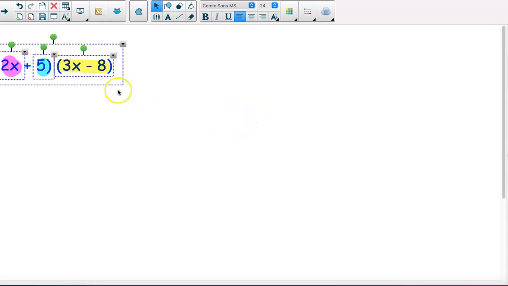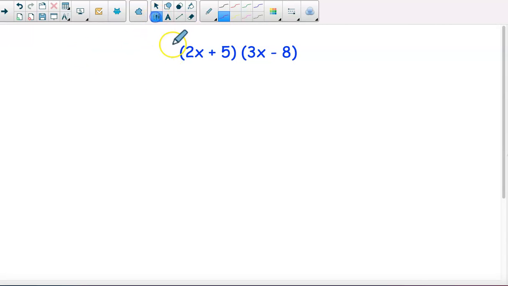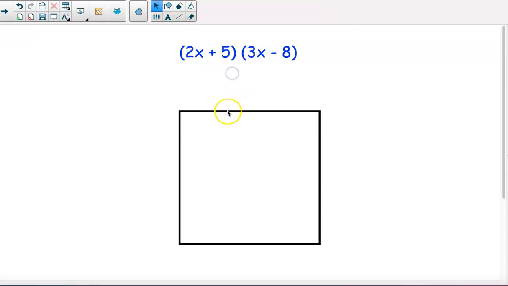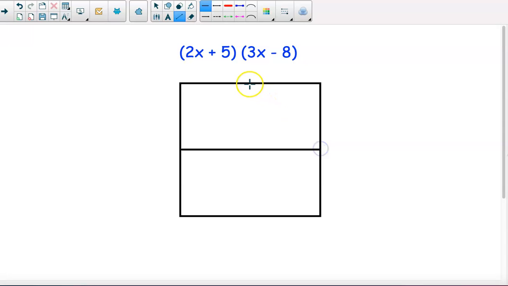So we have here, I'll just draw one big square here, then lines, and I'll copy this expression. Let me take it.